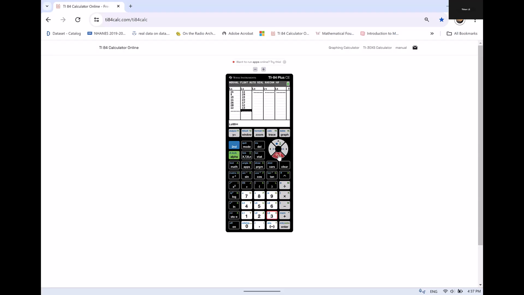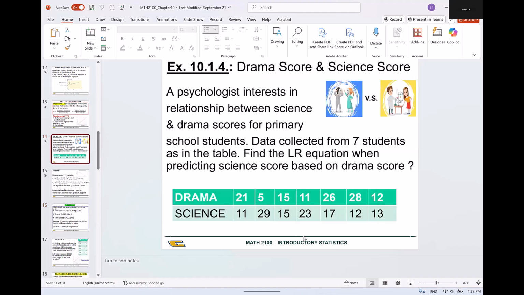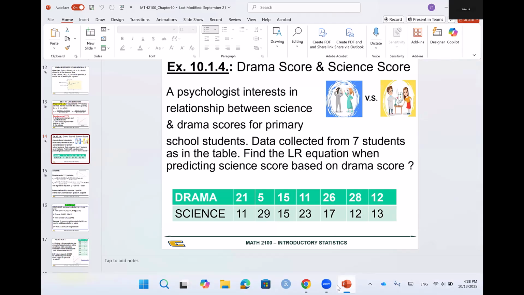Let's check it again. 21, 5, 15, 11, 26, 28, 12. And 11, 29, 15, 23, 17, 12, 13.